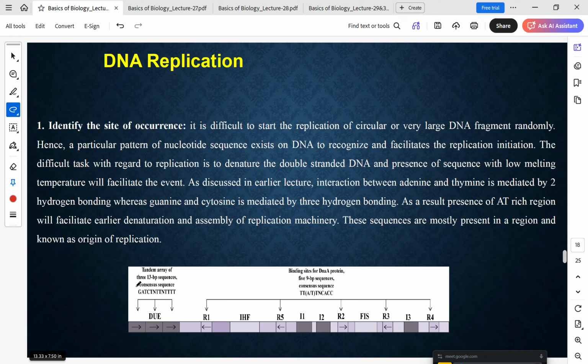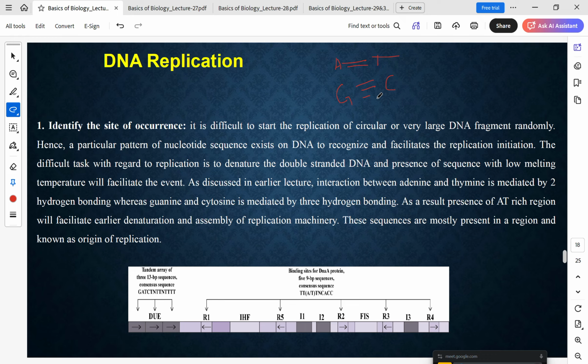A binds to T with 2 hydrogen bonds, whereas G binds to C with 3 hydrogen bonds. So if there is a region which is rich in G and C, it is going to be very stable. It's very difficult to break the two strands apart.